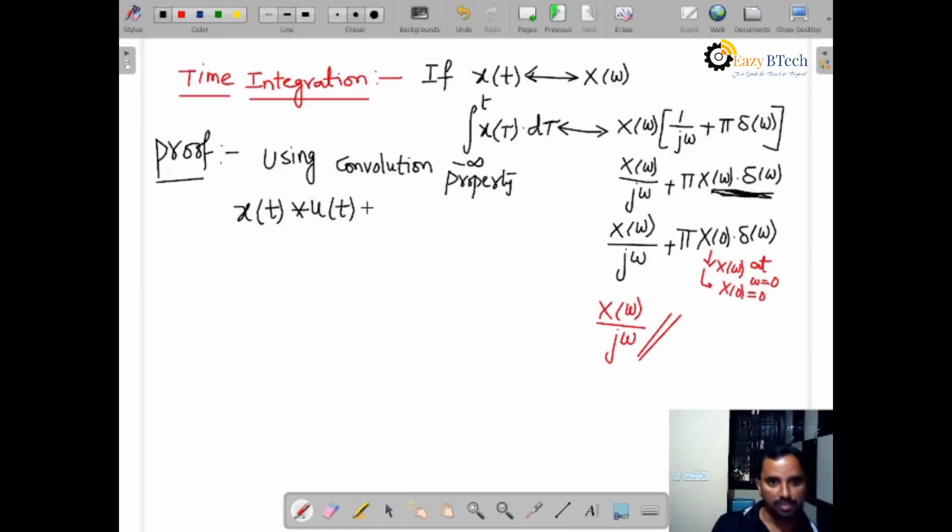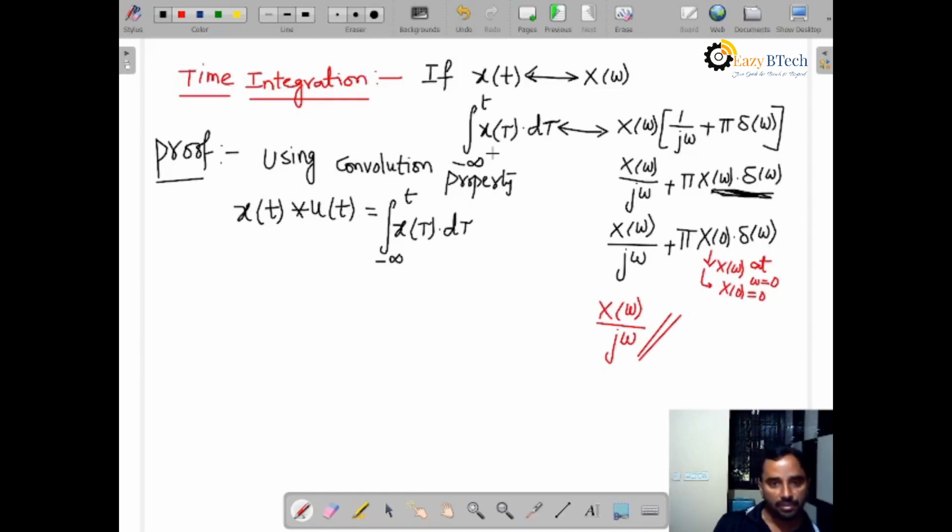This convolution we can write as the integral from minus infinity to t of x of tau d tau. This integral represents the convolution of x of t and u of t; we can discuss it later, but here we just use it for the proof.